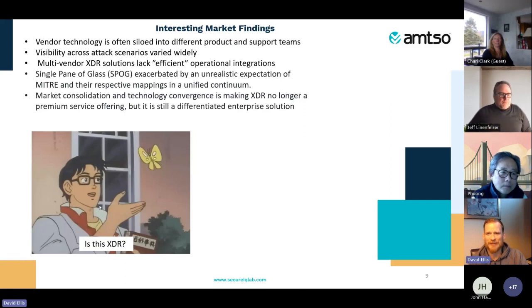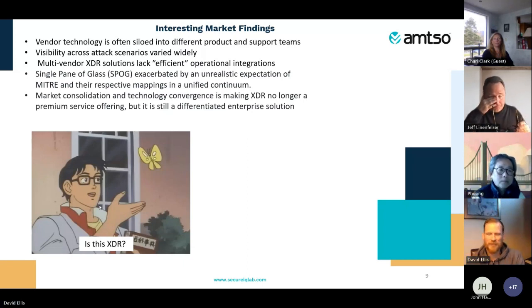Single pane of glass with mapping to all the different minor tactics and techniques. We found that chasing after that might put a lot of undue burden on vendors that could have been focused on other areas that would help the enterprises.